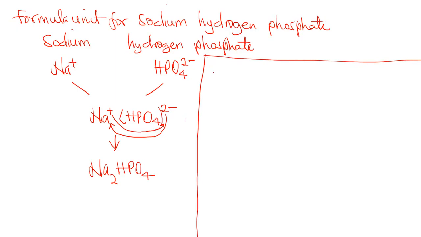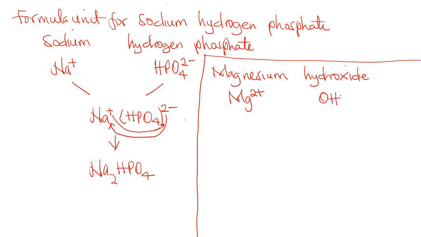What about magnesium hydroxide? Here magnesium is in group 2. So since magnesium is in group 2, we are going to have Mg2+. The hydroxide, we know from our table, is OH-.